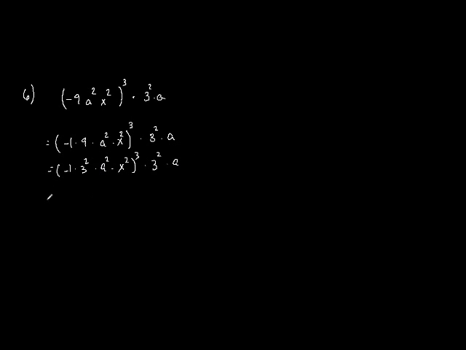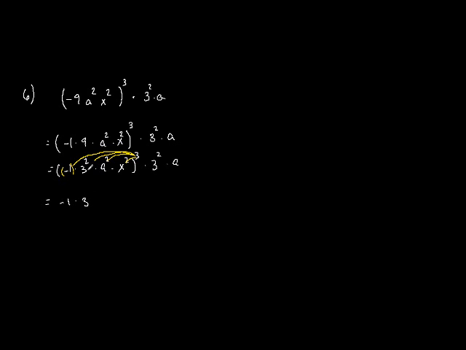So now what I do is I distribute this 3 into my bracket, and so this 3 actually comes here over the negative 1, here to the 3 to the power 2, a to the power 2, and x squared. So what this gives me is negative 1 to the power of 3 is still negative 1, times 3.